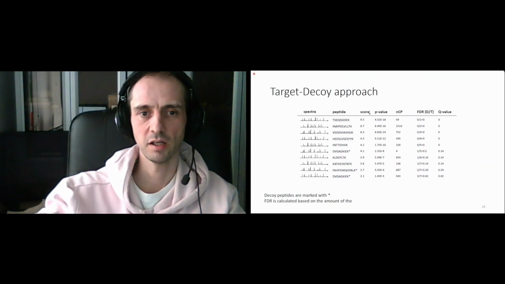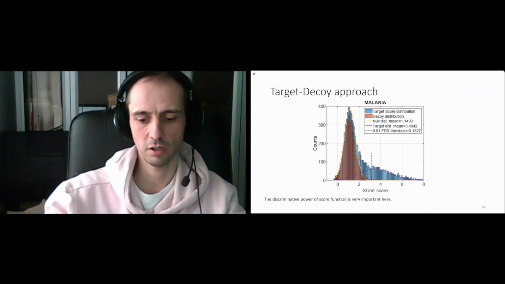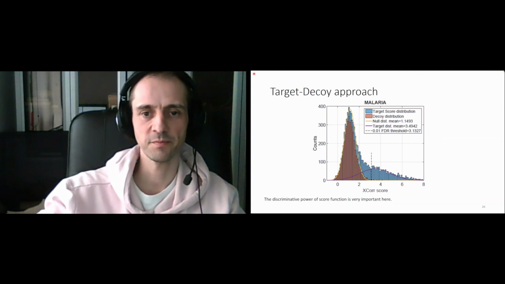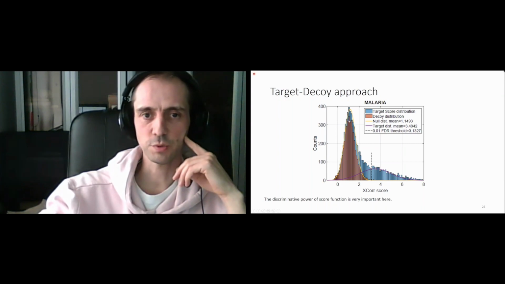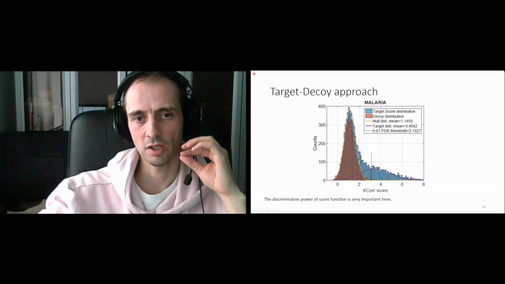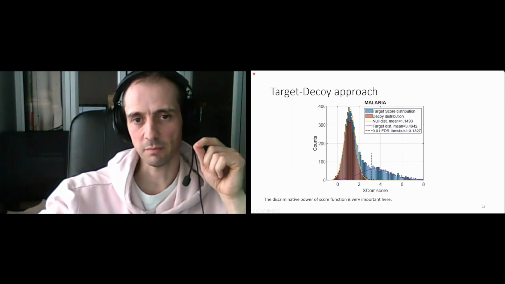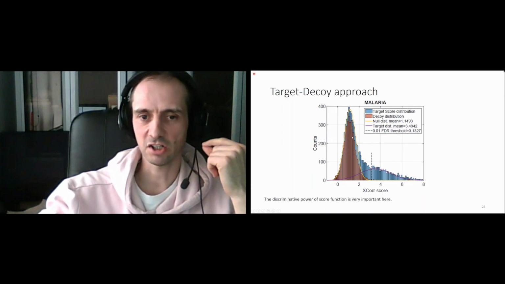If I plot the scores from a real experiment, then the scores corresponding to the decoy peptides are this one. Then we have a very similar score distribution corresponding to spectrum and target peptide matches, but most likely they are incorrect.